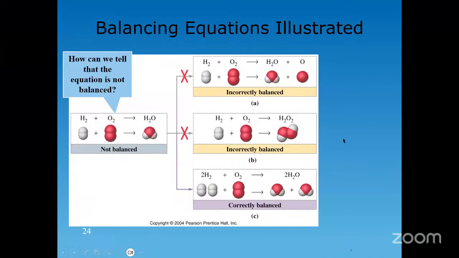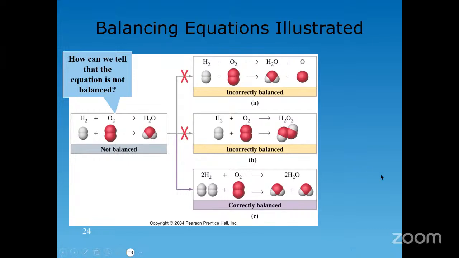The cardinal rule for balancing equations is to ensure that the number of atoms of each element on either side are equal, right? That falls in line with the conservation of mass law, right? Basically, what that law says is matter is not created or destroyed when you have a reaction taking place. And the reason for that is because the atoms themselves are not created or destroyed, right?